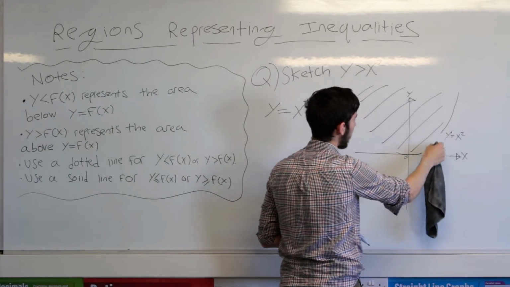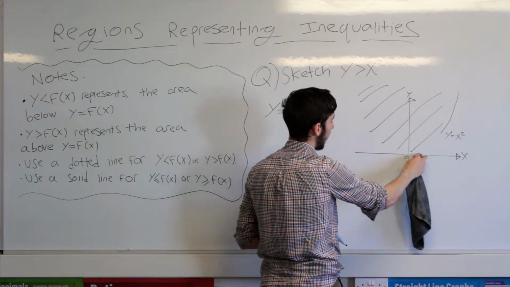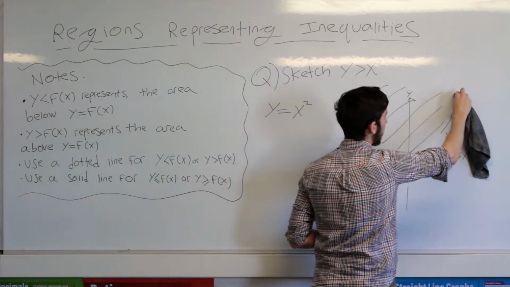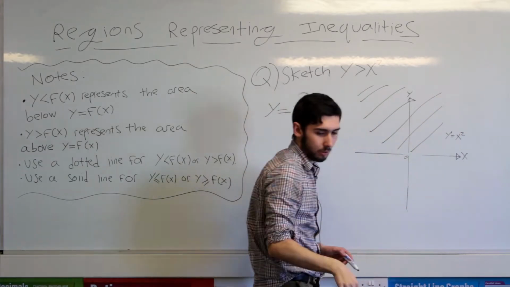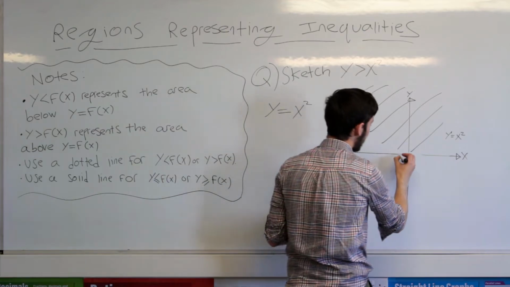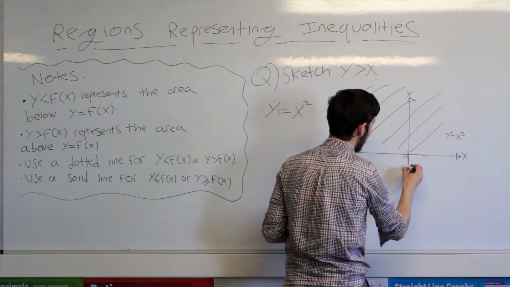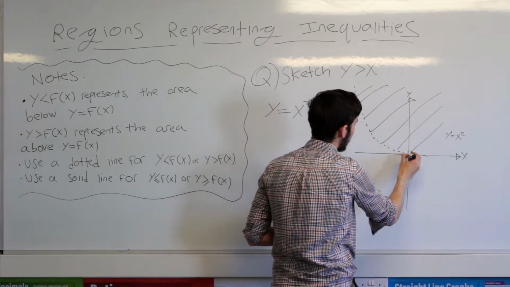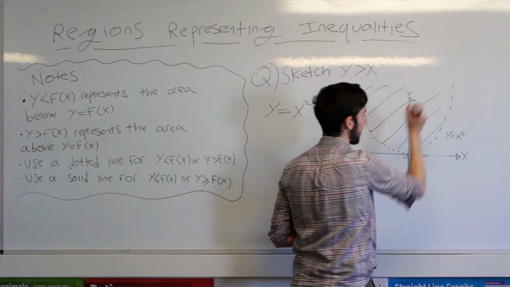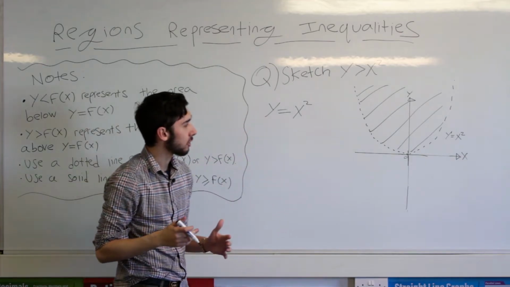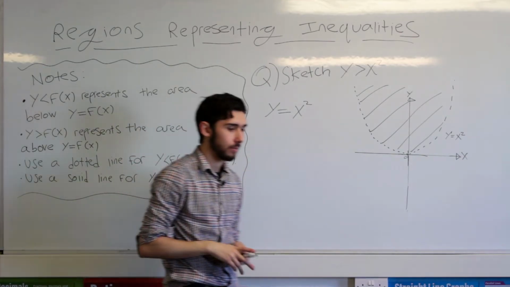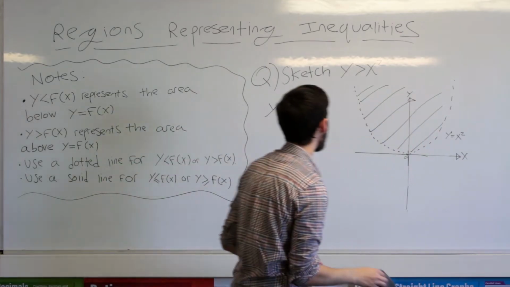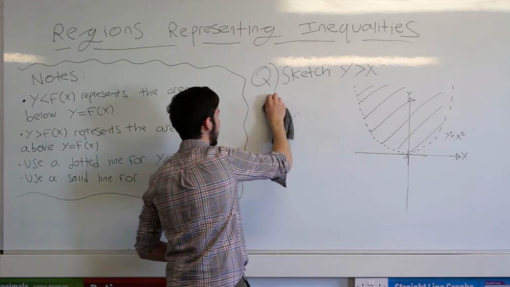And that means we cannot use a solid line because the solid line implies that it does. So there's me filling the graph back in. We're going to replace the same line with a dashed one. Exact same line, it's just dashed now. And this is the answer. This is the graph of y is strictly greater than x squared.